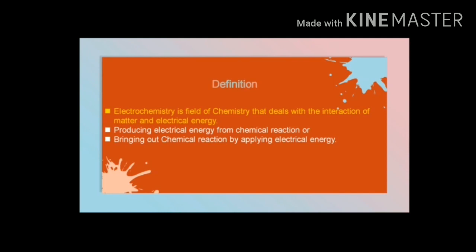Okay, this is called electrochemistry. See here, that is either producing electrical energy from a chemical reaction or bringing about a chemical reaction by applying electrical energy. This is called electrochemistry.